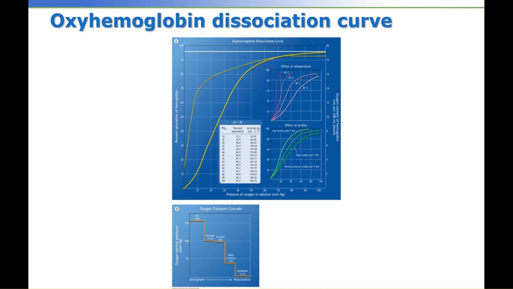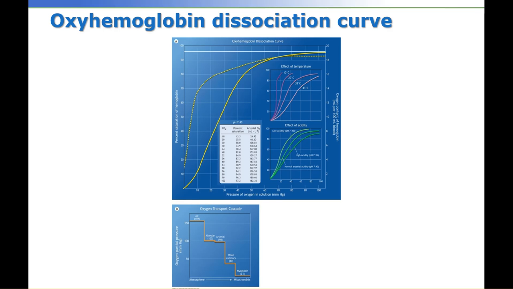Okay, in the small graphs, you have the effects of temperature and the effects of acidity. Basically, an increase in acidity causes oxygen to dissociate. So an increase in acidity is going from 7 towards 0 as a pH.